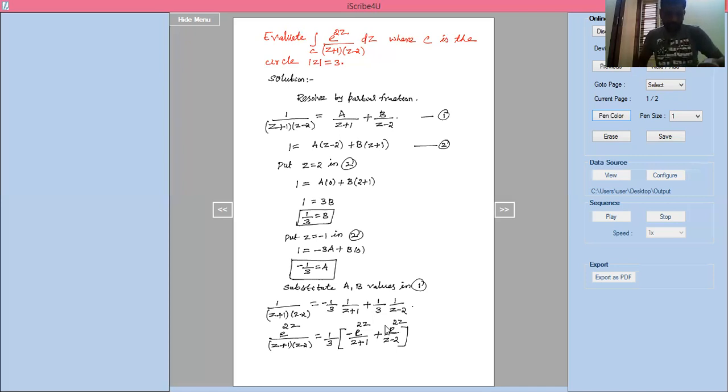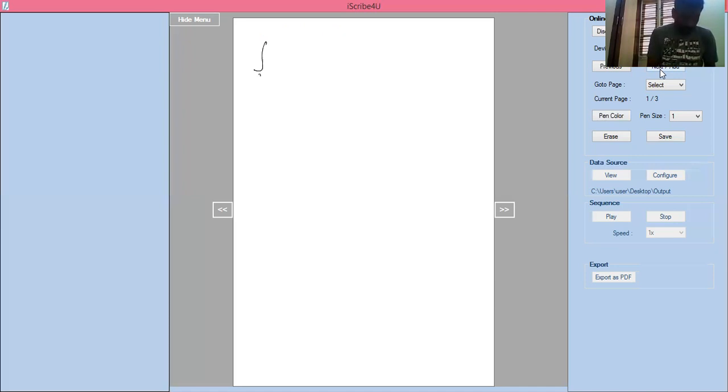Integration over C of e power 2z divided by (z plus 1) into (z minus 2) dz equal to 1 by 3 into, integration over C of e power 2z divided by (z minus 2) dz minus integration over C of e power 2z divided by (z plus 1) dz. This one I'll consider as equation number 3.